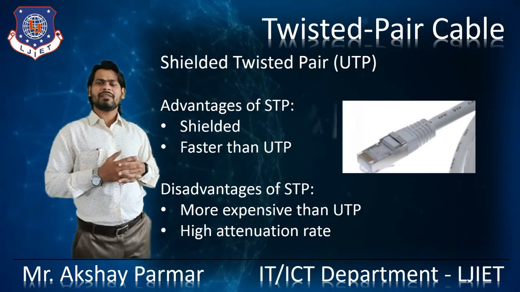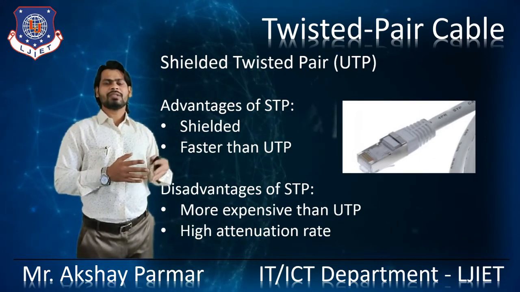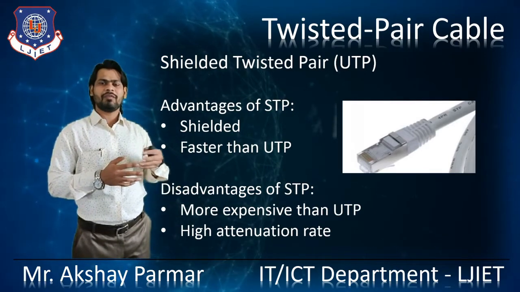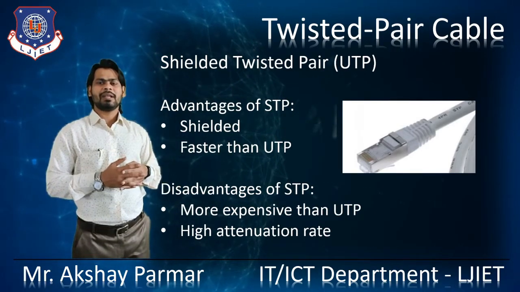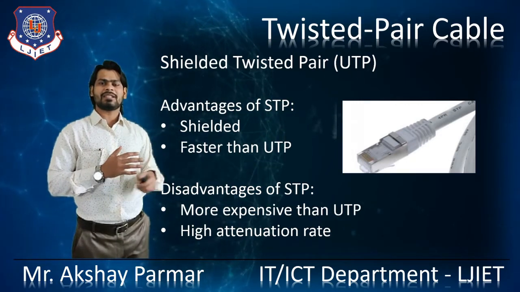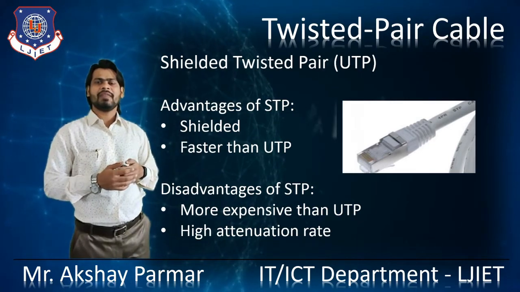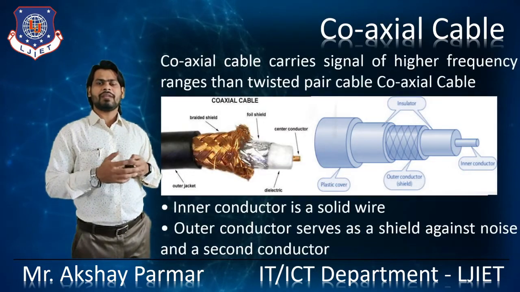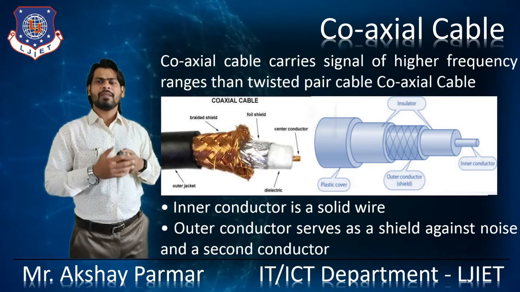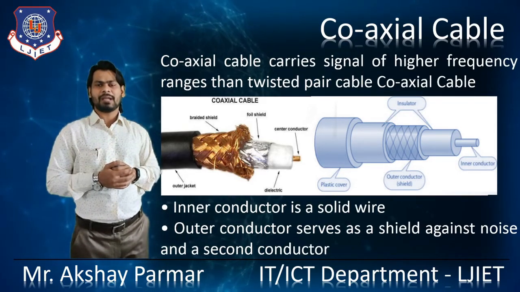The disadvantage of the STP is that it is a little more expensive than the UTP because it has a protective foil wrap around the cable. The high attenuation rate is present in the STP. So these are the major advantages and disadvantages of the STP. That's all about the STP and twisted pair cabling.